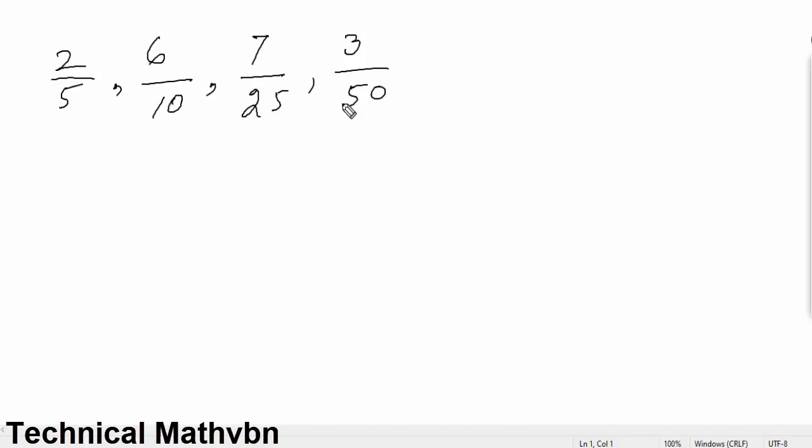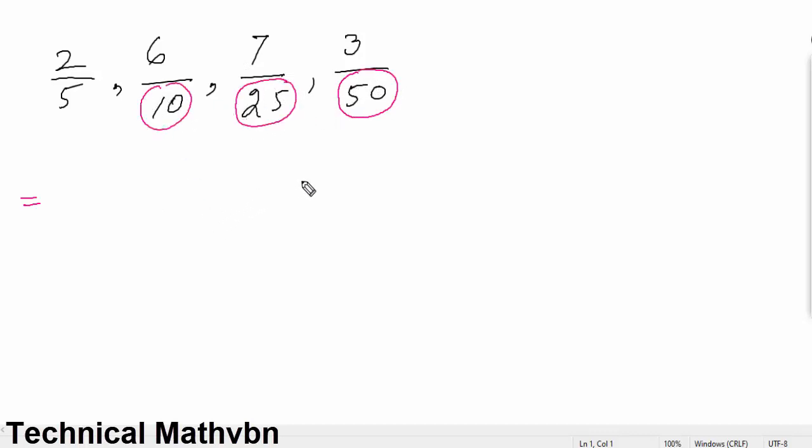Guys, this question has 2 over 5, 6 over 10, 7 over 25 and 3 over 50. These are the fractions we have to write in ascending order. So the first step is to take the LCM of these denominators, and here you can take 50, and make all denominators 50.